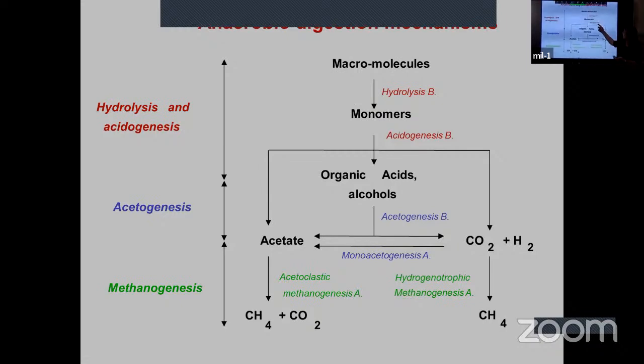Then you get acidogenesis, where you will convert these soluble monomers into organic acids and alcohols. And then the acetogenesis will use this substrate to produce acetate and also CO2 and hydrogen. And then through methanogenesis, you will produce methane and CO2, on one way from the acetate, and on the other hand from the CO2 and H2. And this is the methanogenesis.